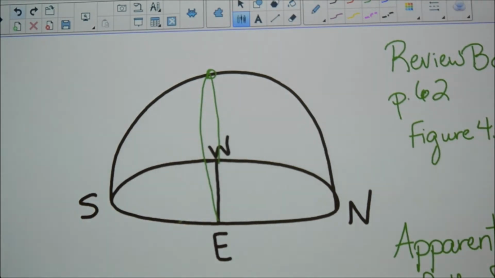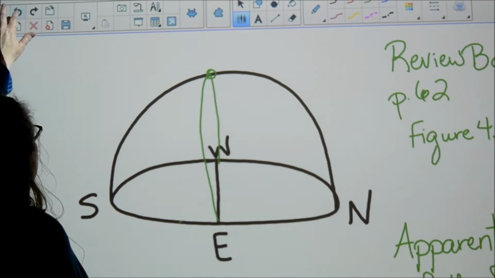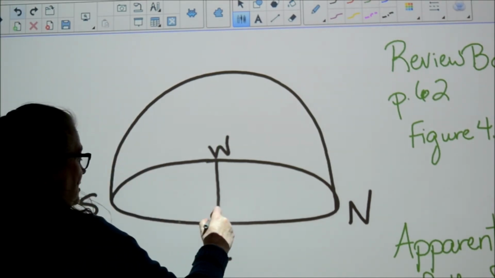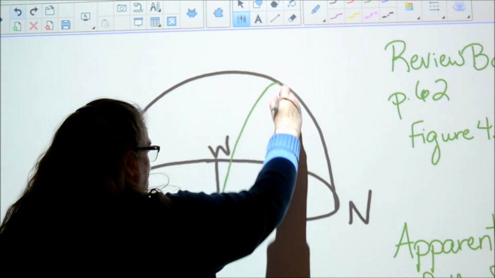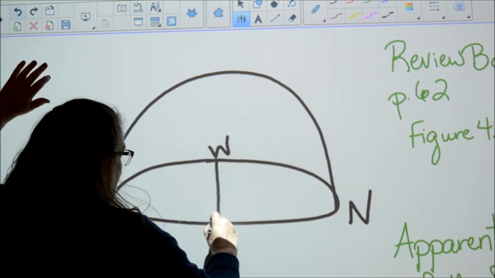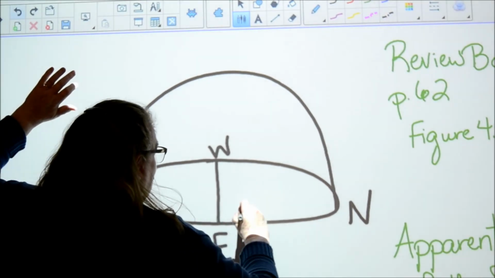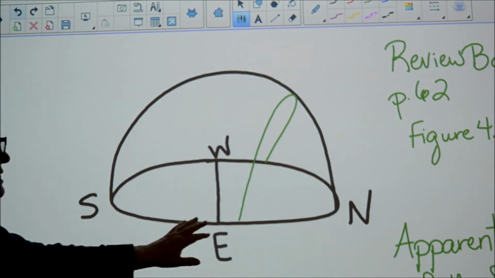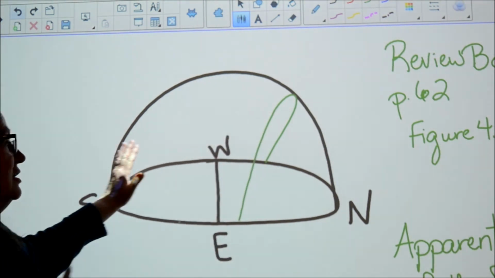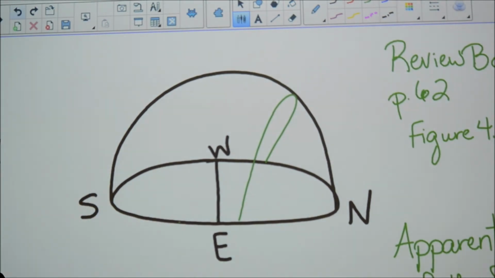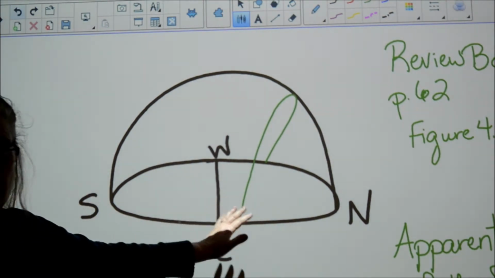Now, if I had the lines going this direction instead of how I had them all coming over on this side, that would show me that they are in the southern hemisphere, latitude-wise.